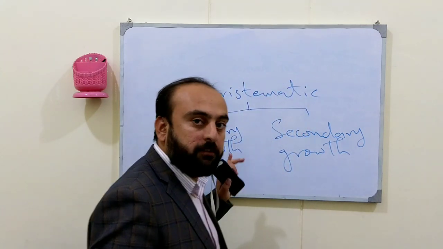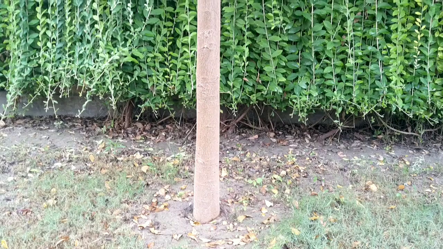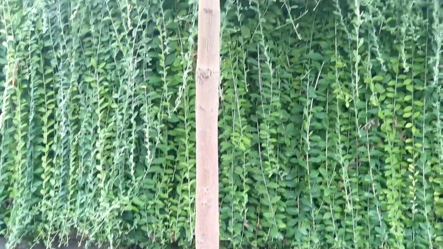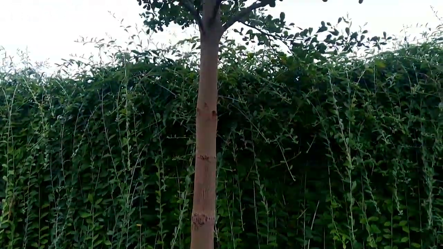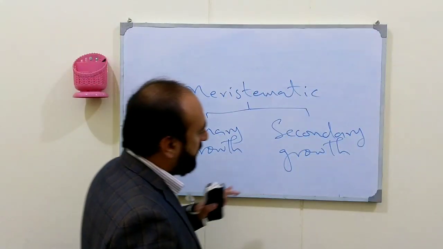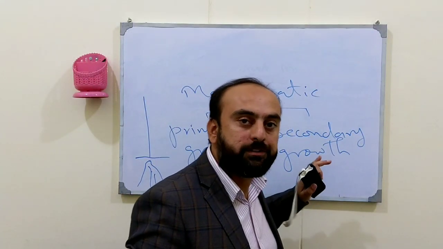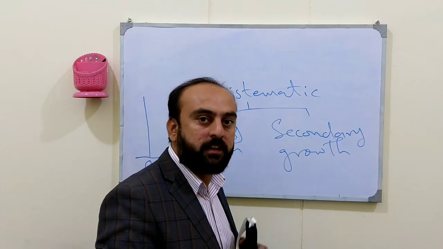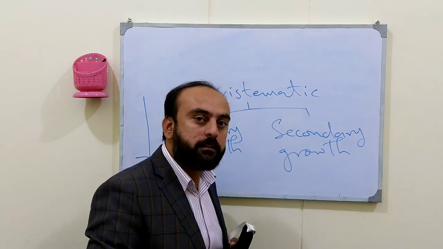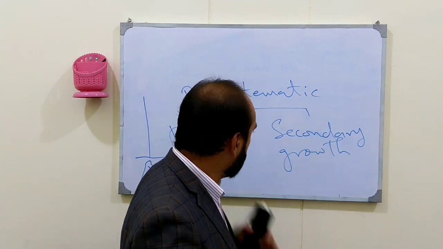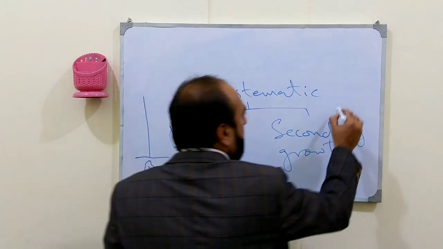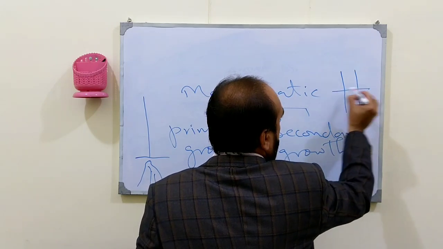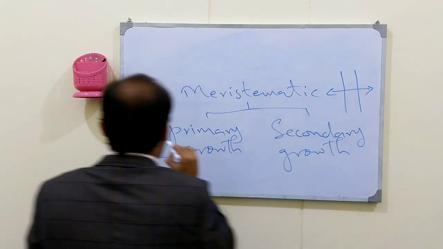Primary growth is the vertical growth. Plants increase in length. This is primary growth. Whereas secondary growth is the horizontal growth. That is the increase in stem girth or increase in the diameter of trunk. That is horizontal growth or secondary growth.